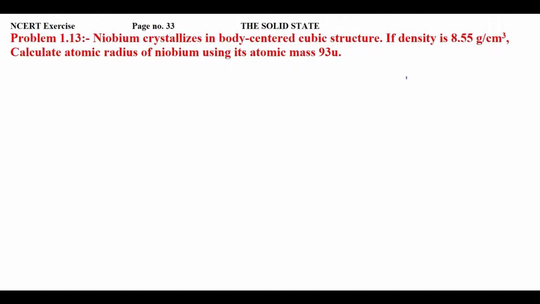That means if I'll draw the unit cell, the atoms of niobium are arranged at the corners and at the body center, right? So now they are saying if the density of niobium is 8.55 gram per centimeter cube, you have to tell about the atomic radius of niobium.